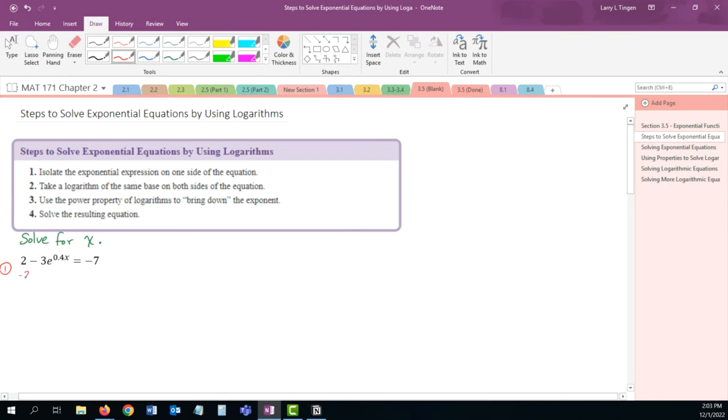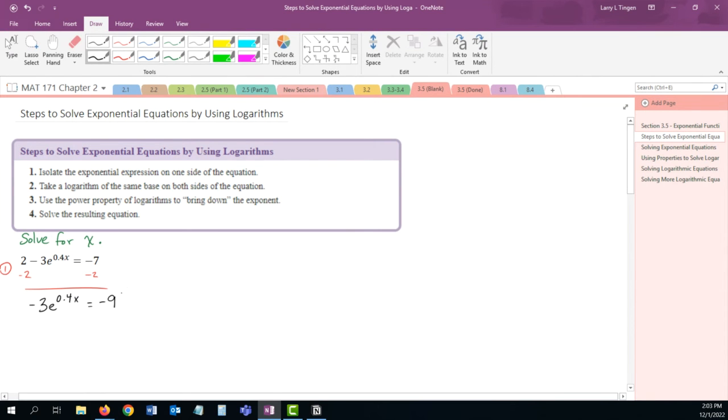This 2 out here isn't doing me any good, so I'm going to get rid of it. It's preventing me from having e by itself, so 2 minus 2 is 0. On the left, I still have -3 e to the 4/10 x. And on the right, -7 minus 2 more is -9.